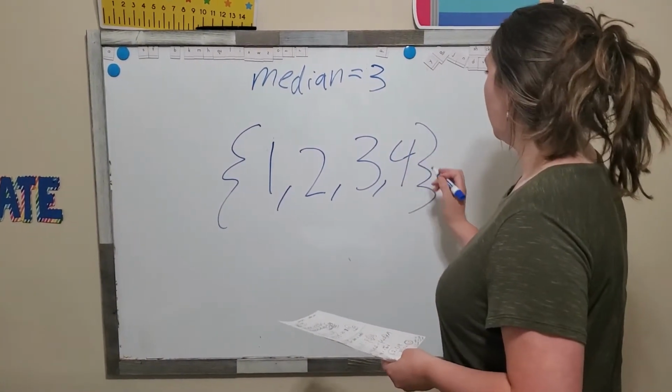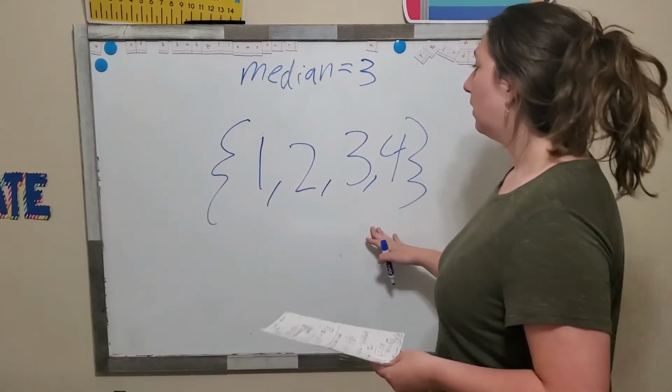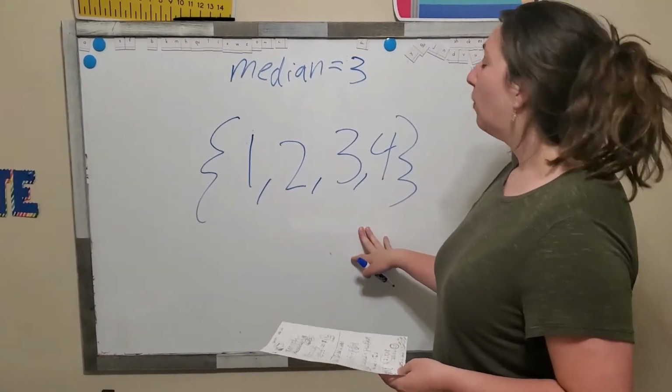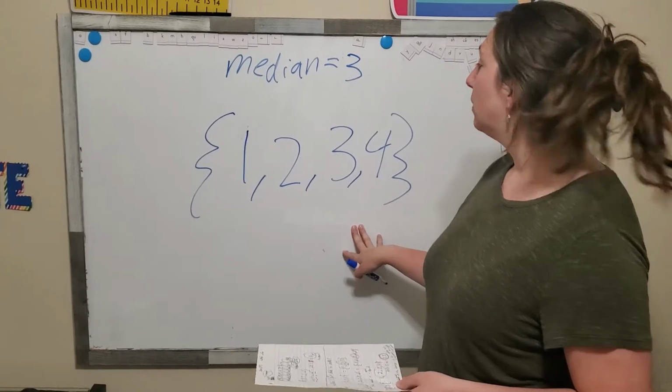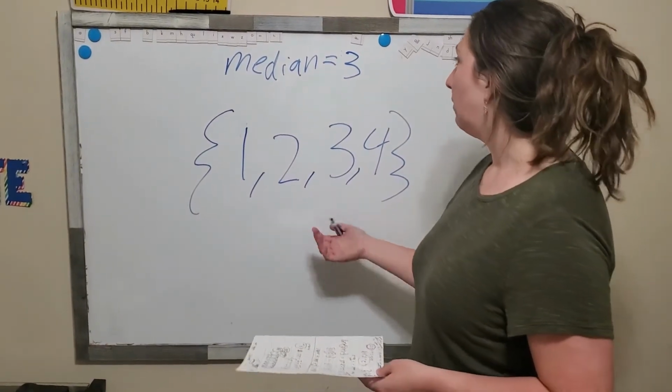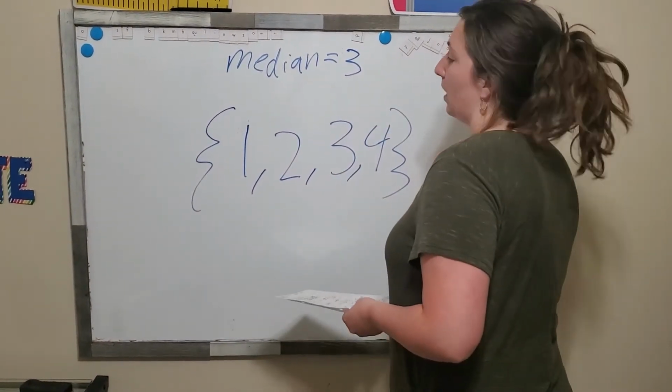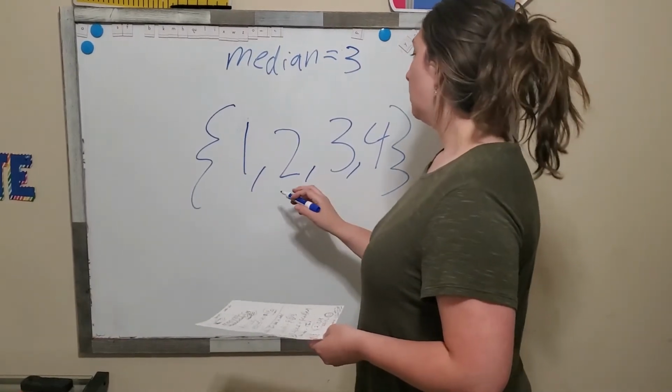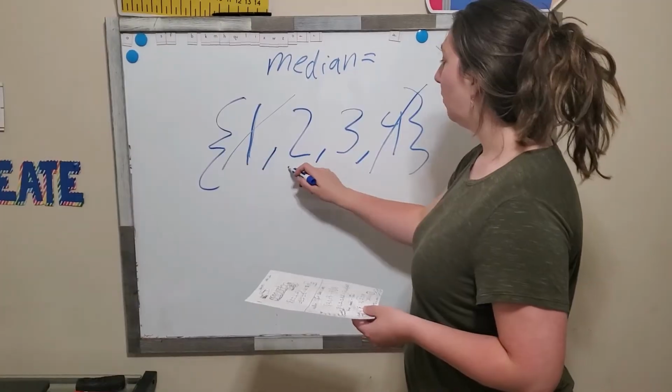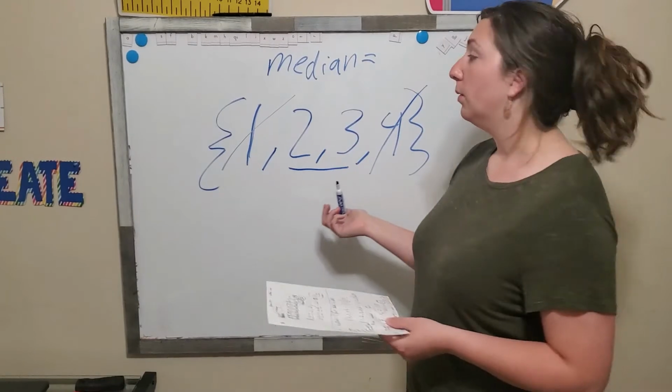This is an even set of numbers, and whenever there's an even set of numbers, we know we're going to have to find the mean. Here we see that we have 2 and 3 in the middle.